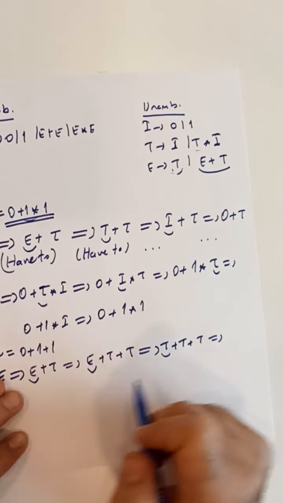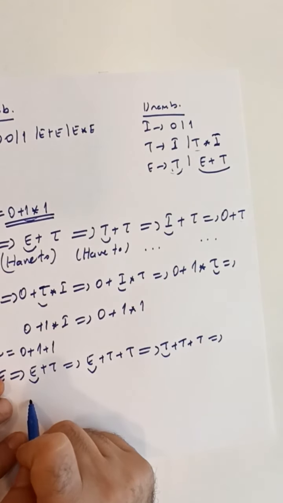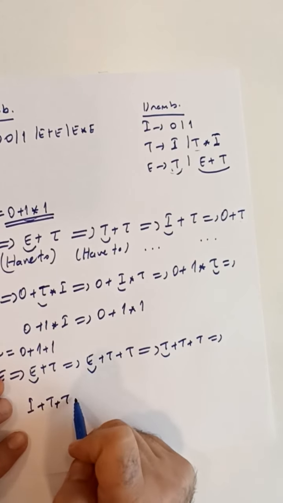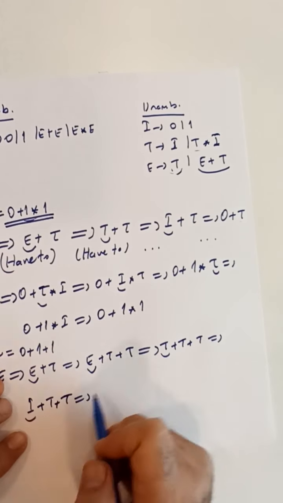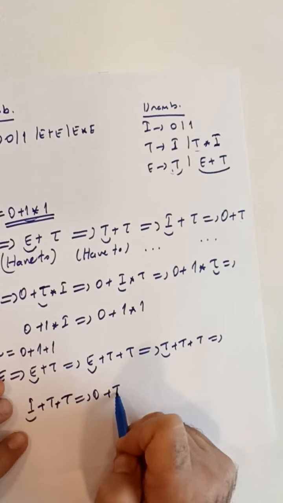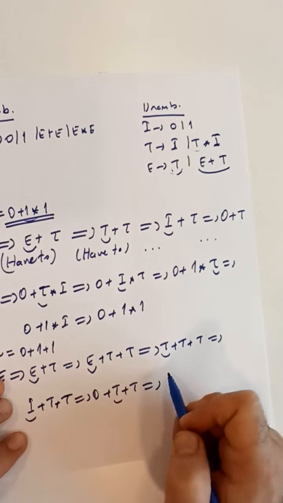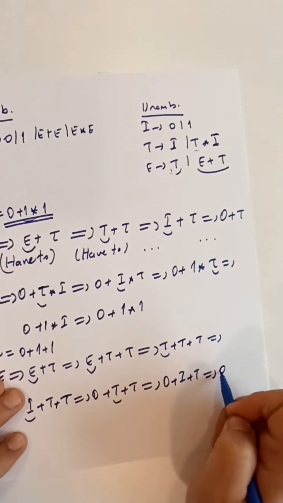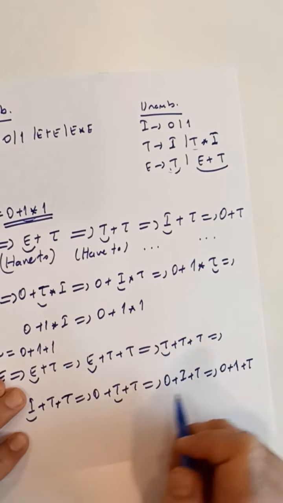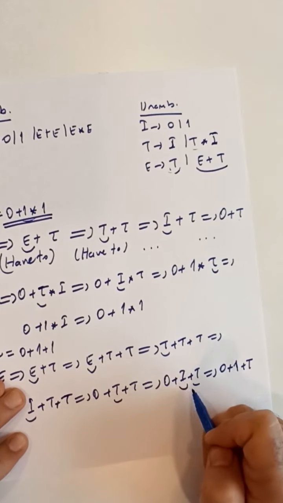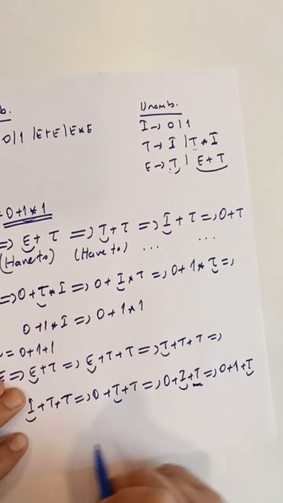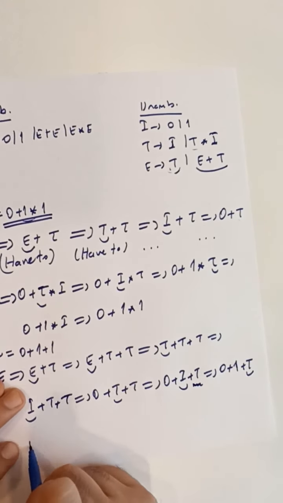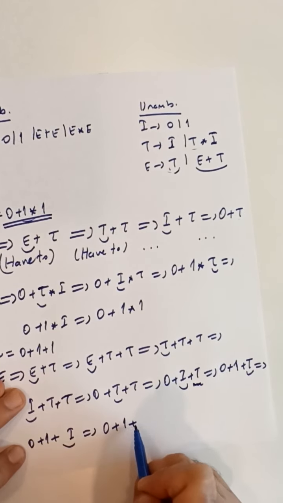This leftmost T will be expanded with a number I plus T. This I would be expanded with simply 0 plus T. Leftmost variable T would be expanded with the number 1, 0 plus I plus T, 0 plus 1 plus T. Sorry, this one is expanded. And finally, to expand this T, 0 plus 1 plus I, and I is expanded with 0 plus 1 plus 1.